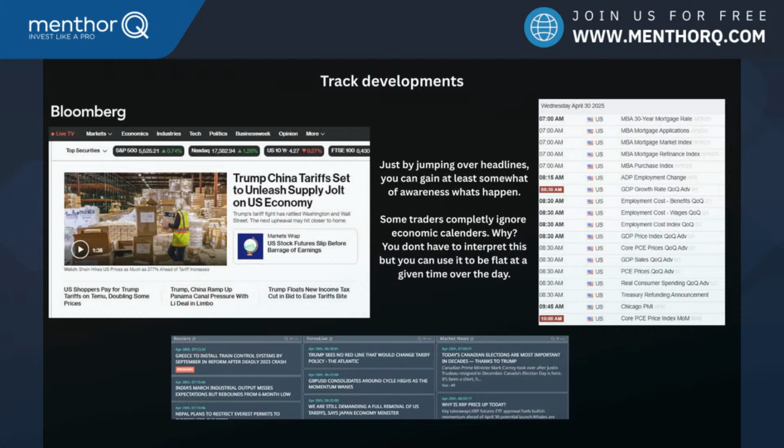I'm aware the next point is not something everyone does, but in my view, it's kind of important. Track developments. There are so many pieces of information out there you can actually access. Maybe an easy Bloomberg article. You have a news feed like the one on the bottom here, or even the economic calendar on the right side.